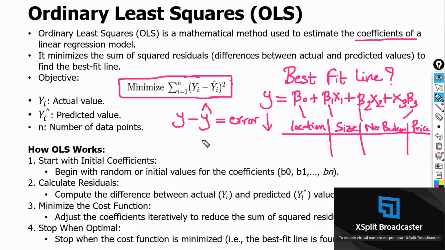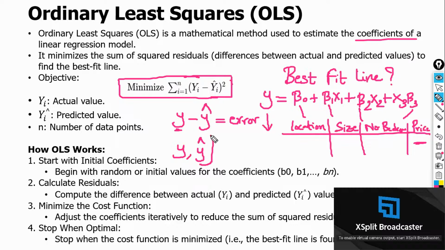So what happens? You have price, which is represented by y. You will also get y cap, which is nothing but prediction. You pass location, size, and number of bedrooms to this equation. What you get is y cap. This is called prediction. So you have the original, the actual value.